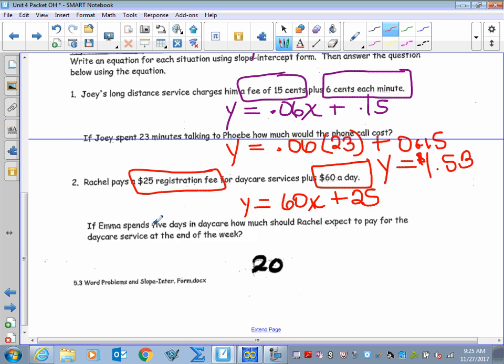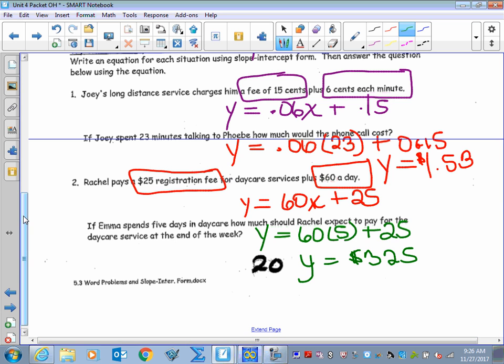Now, it says, if Emma spends 5 days in daycare, how much should Rachel expect to pay for the daycare service at the end of the week? Where will I replace the 5? X, very good. So 60 times 5 is 300 plus 25. She would then pay a total of $325. Any questions on that?